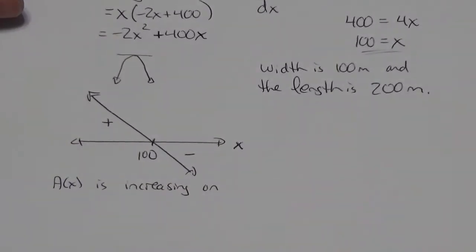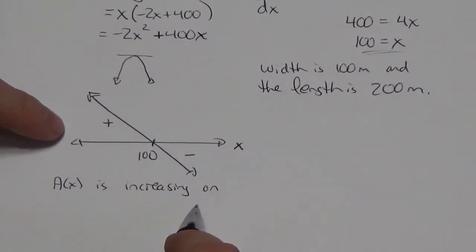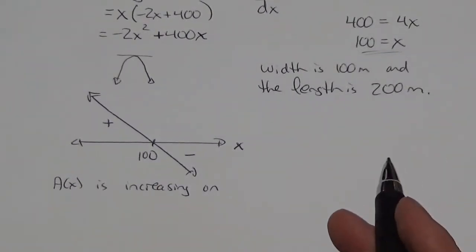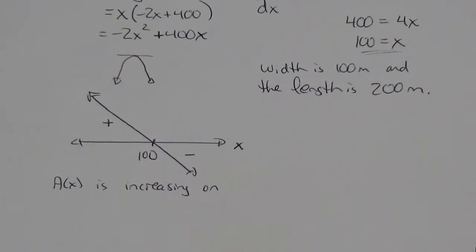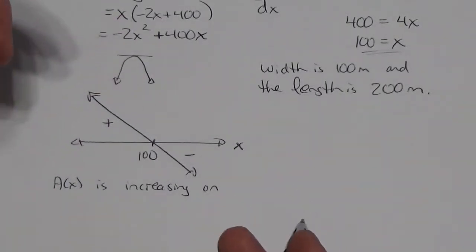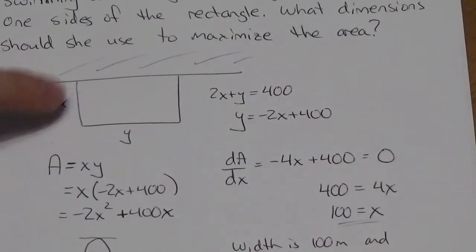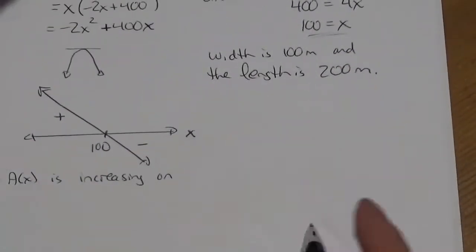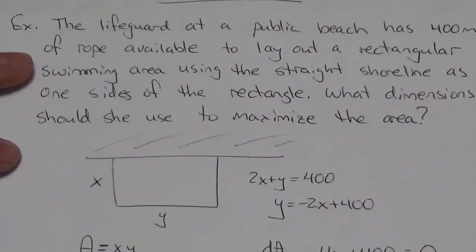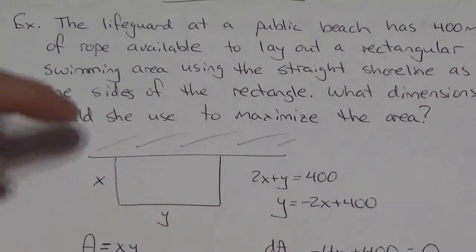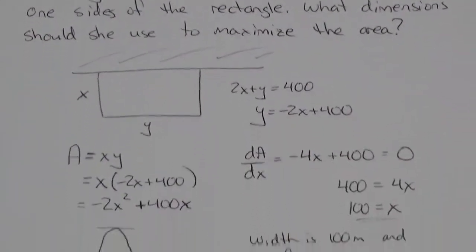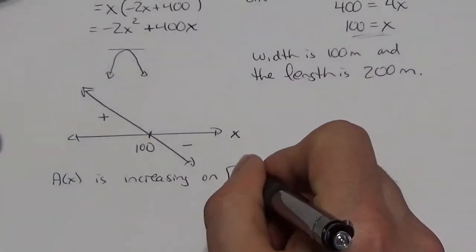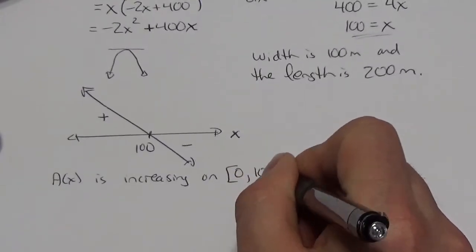Now, I really can't say negative infinity to 100 because it doesn't exist. There is no way I can have a width here that's less than 0. Okay, I mean, it could be 0. I suppose we could just lay the rope along the shore. It'd be pretty useless, but I suppose you could argue that 0 would be our minimum there. Seems kind of ridiculous, but up to 100 for sure.